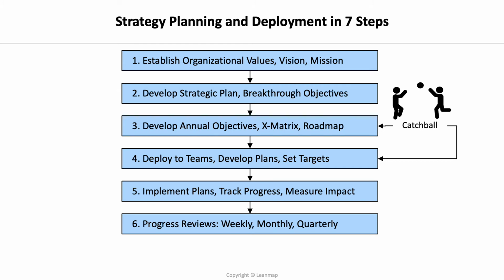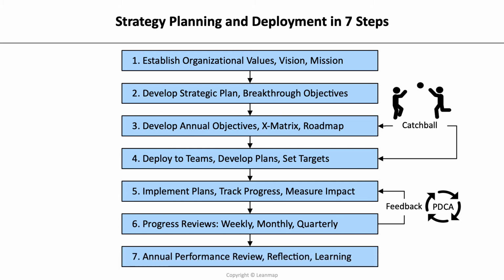Review progress, weekly, monthly, quarterly. And use the feedback process PDCA, plan, do, check, act. 7. Annual performance review for reflection and learning. And feedback those learnings into number 1 and into number 3, into those planning steps.